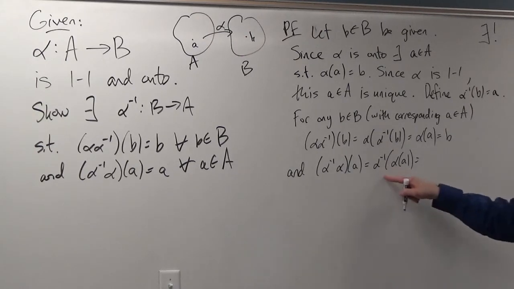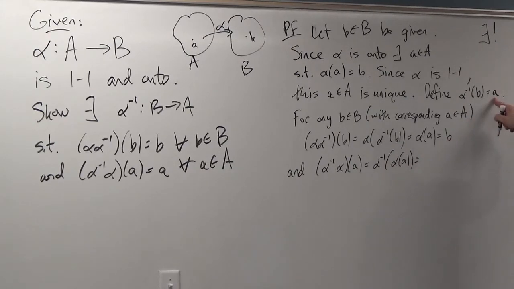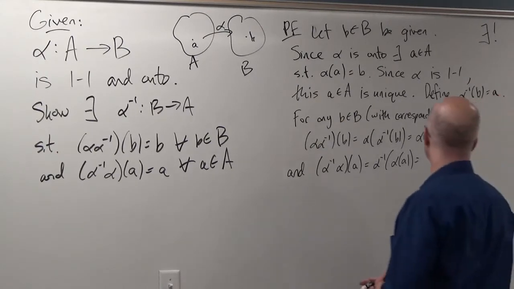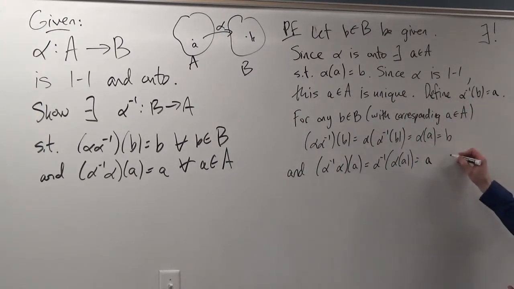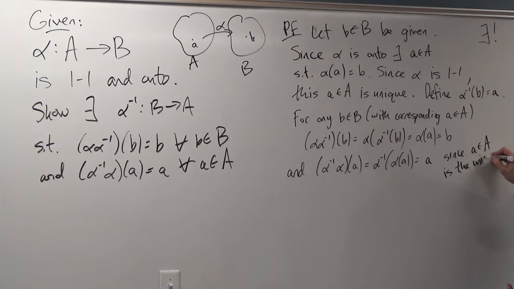I could write alpha inverse of b here and say that must be a, but I think it's better to emphasize that this equals a right away by saying since a in capital A is the unique element of capital A mapping to what?